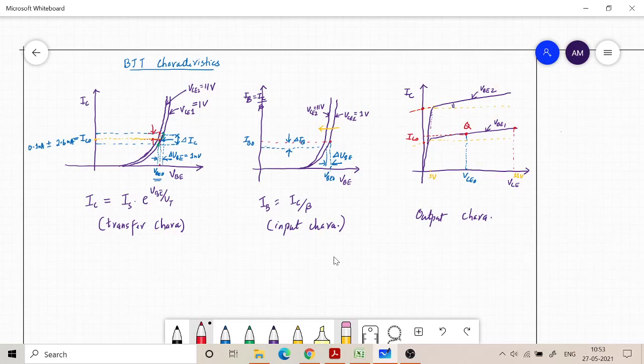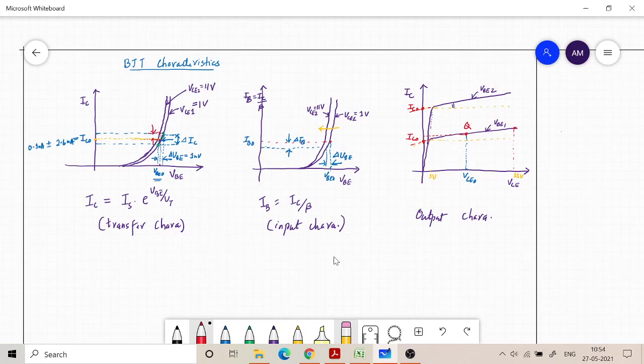This particular curve will meet at this point, and similarly if I extend this, it will also meet at this point. So that is basically the y-intercept. Let me take one of these lines and call this y-intercept IC0. Okay, IC0 is the y-intercept.